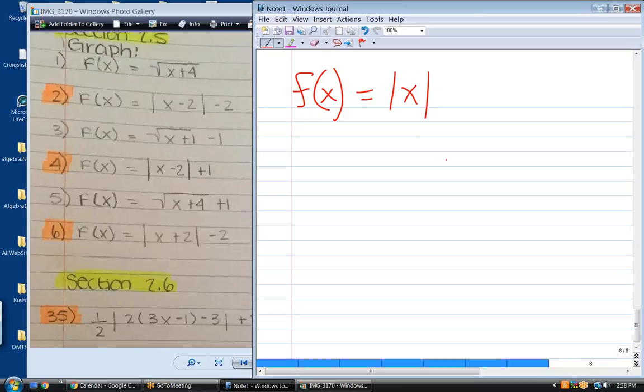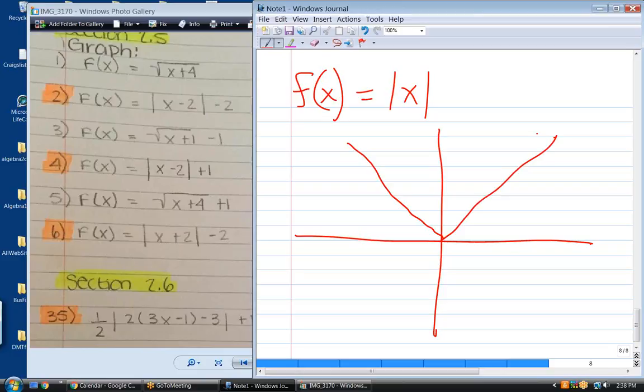That's it. That's the elementary function. That looks like this. Remember, whenever you see absolute value, know that you're going to have some sort of a V in your graph. So what I've graphed there is this.